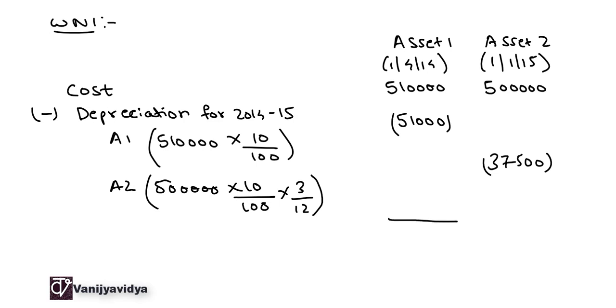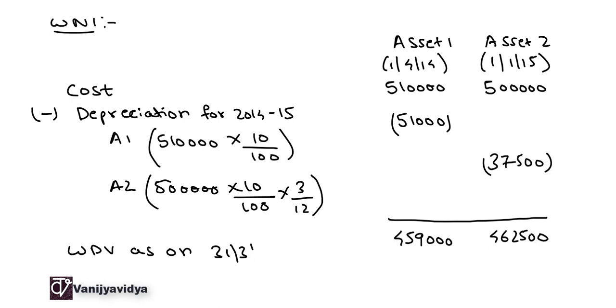So once we reduce this, we get 4,59,000 and 4,62,500. This is WDV as on 31st March 2015.